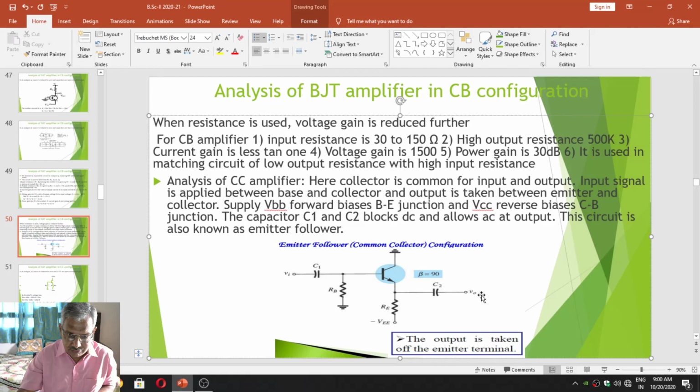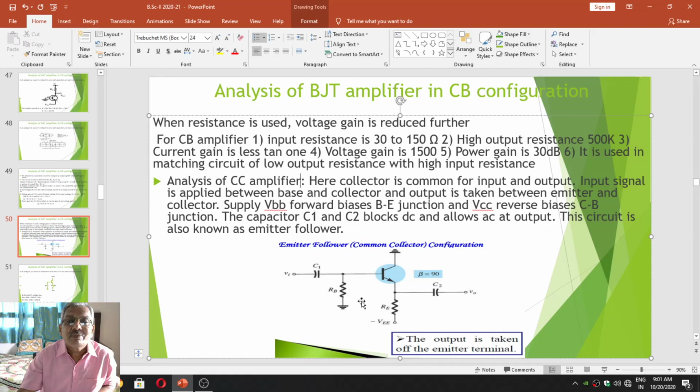To adjust the operating point of this particular BJT in a proper region, that is in the active region, so that it is going to act as an amplifier. The biasing resistance RB is connected between base and ground.